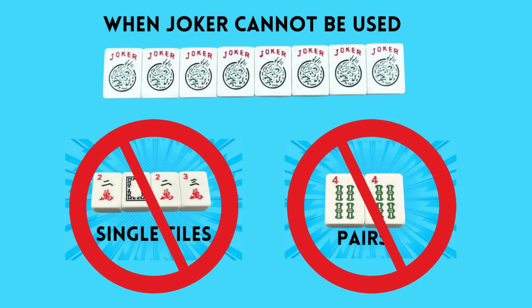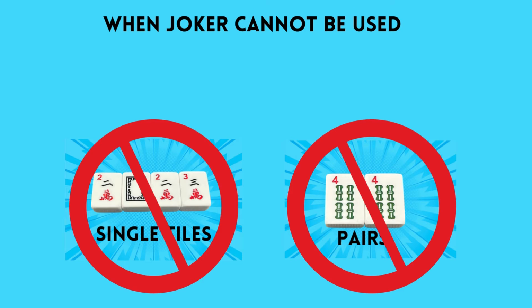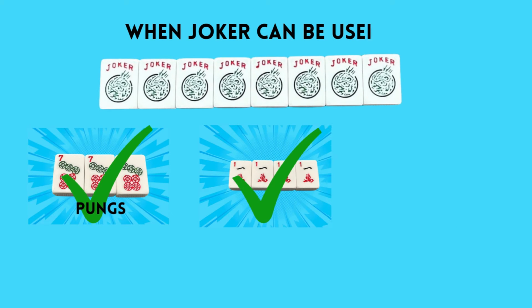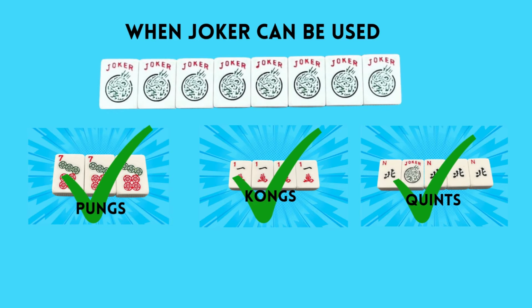And you're going to learn more about these groupings coming up in a little bit in this lesson. And there are times when you can use jokers, and that would be in a pung, a kong, or a quint. And again, we will be talking more about those groupings coming up a little later in this lesson.